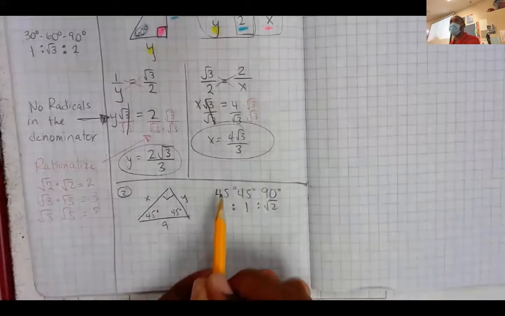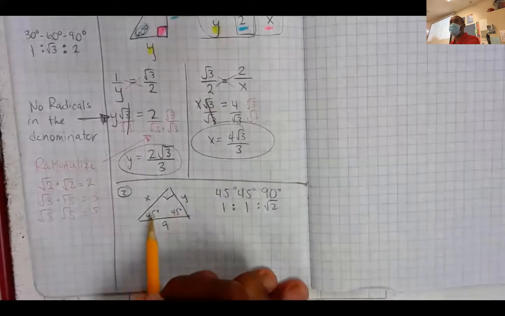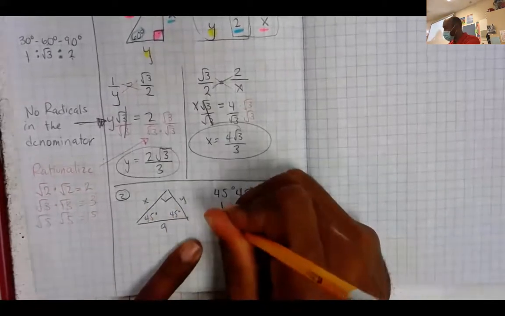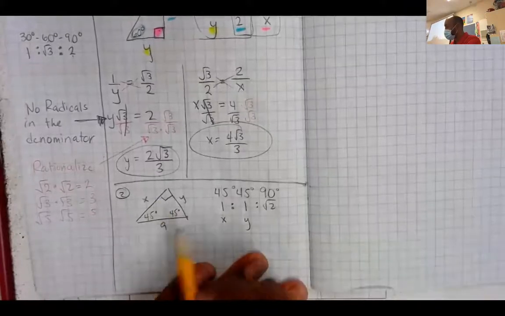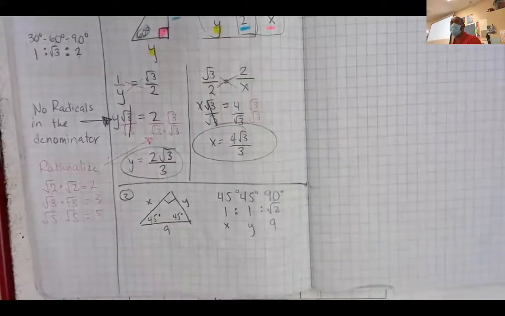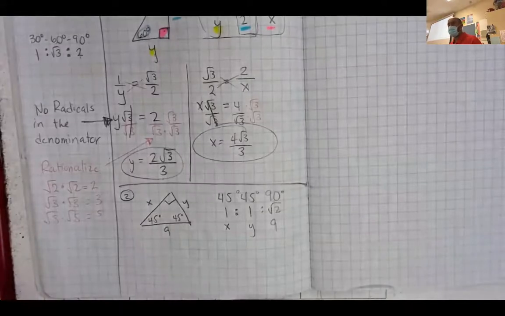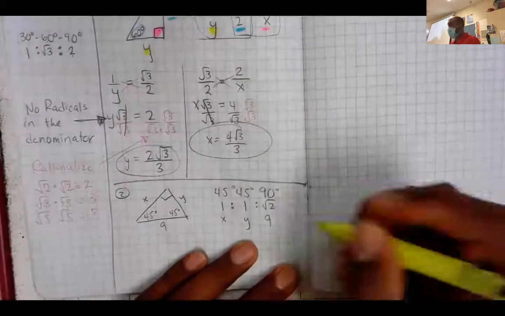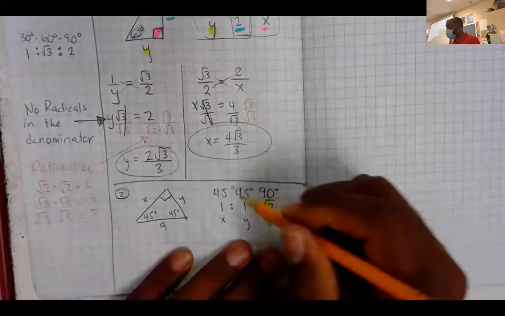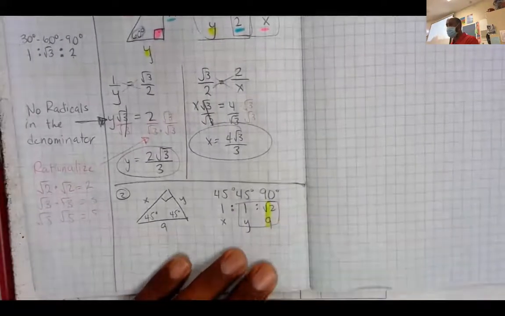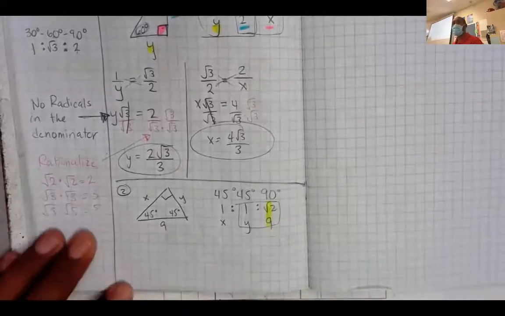So now the one that's across from 45 is both x and y. So I can put that here and here. And the one that's across from the 90 is the 9. Now, just like before, I need to start with the pair that's complete. So these two. What I'll do is basically take these two pairs here and create the equation.